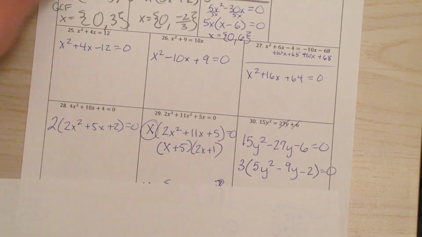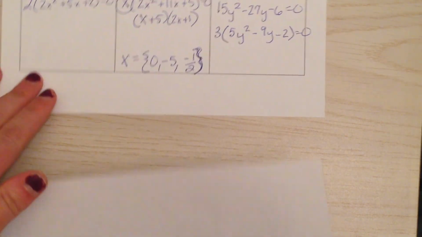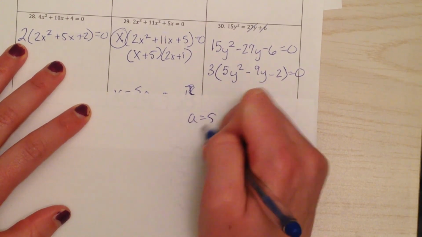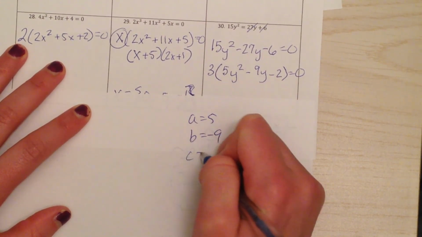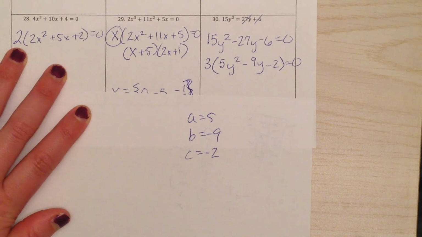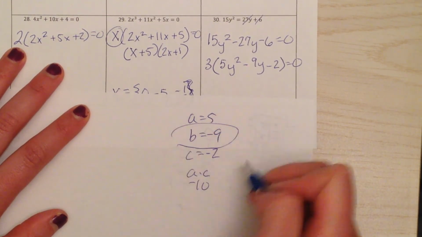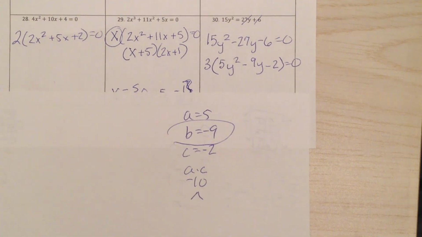So let me go to my side work again. I've got an A of 5, a B of -9, and a C of -2. So my A times my C is -10, and it needs to add to -9.